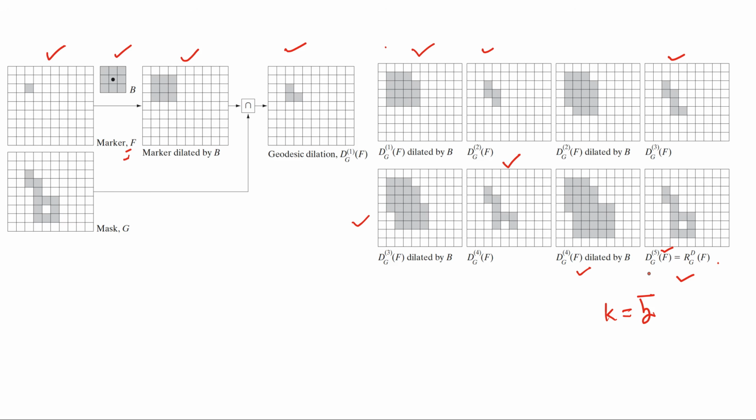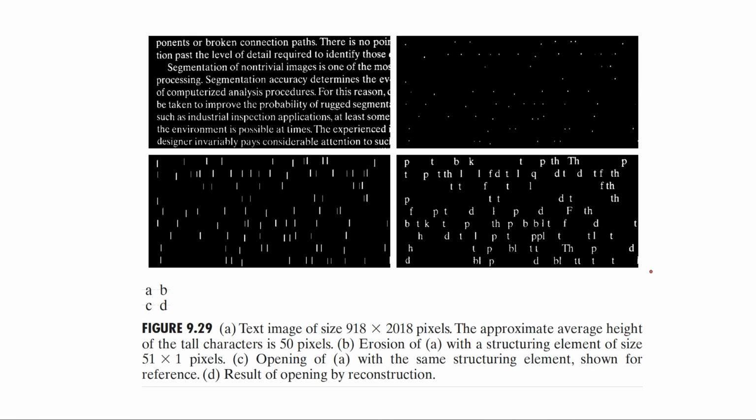Okay, now we will see a typical example where geodesic dilation can be used for the reconstruction operation. So in the first image I have certain text. Here in the example I am taking a structuring element of this shape. The shape is actually 51 rows and 1 column, so that is the kind of structuring element that we are taking.